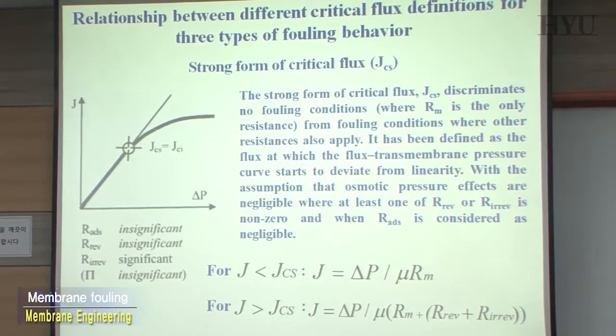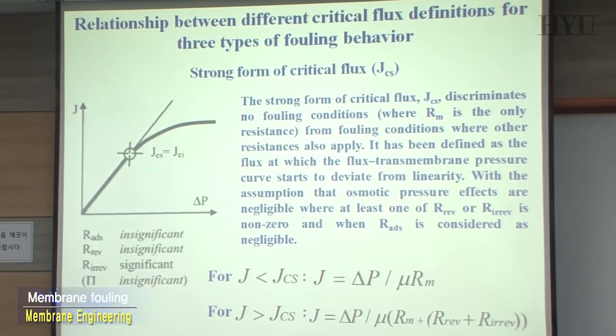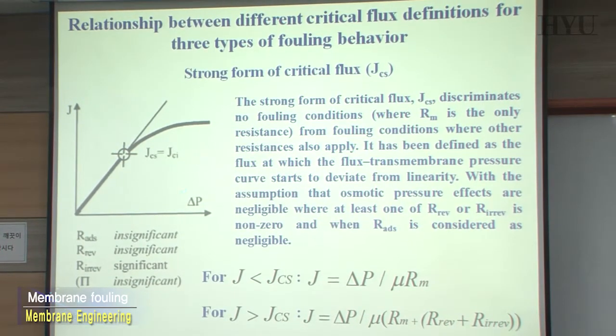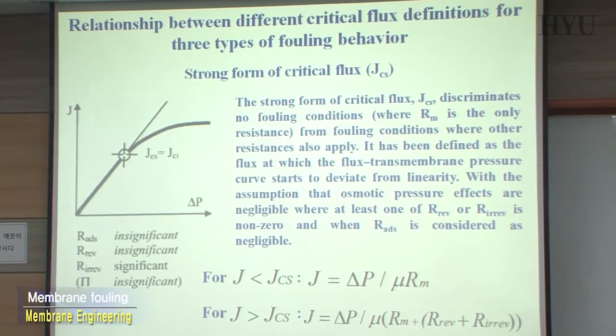And again, using the same equation we were discussing before, you can try to identify the relationship between flux and the different kinds of resistance, assuming there is irreversible resistance or reversible resistance plus the resistance of your membranes. You can see here that we can define a critical flux in the strong form, in which the fouling conditions are really controlling the problem.